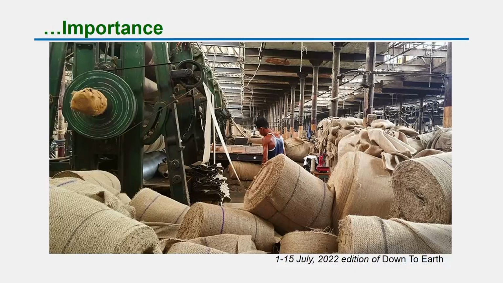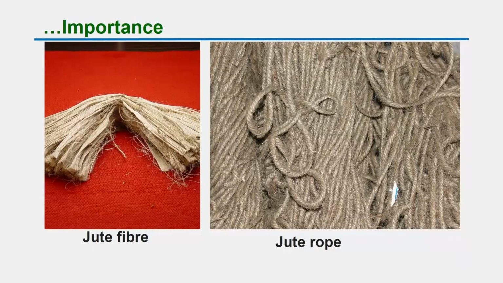Now you can see closely that this is one industry or factory where some jute bags are being manufactured. So you can see the material for making jute bags. So this is how it looks. And then you can see some other products of jute. So you can see this is jute fiber on the left side, and then you can see jute rope. It can vary in sizes also.